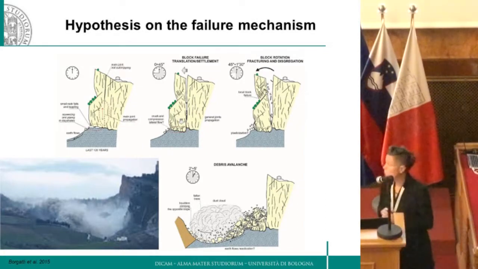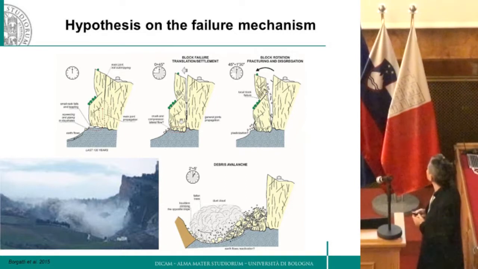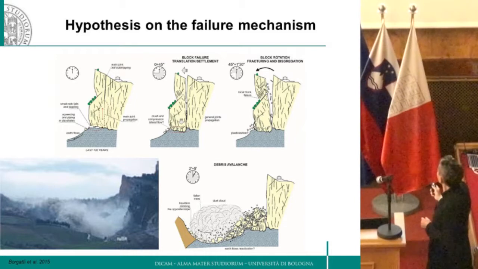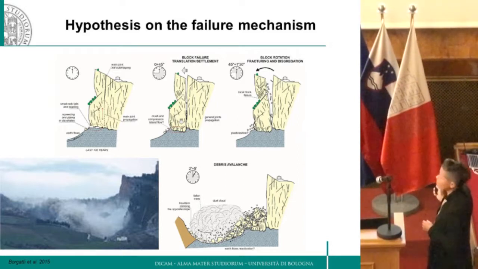So we tried to draw a hypothesis about the failure mechanism. Starting from a situation where you have a cap rock, so sandstones and calcarenitic rock masses, fractured, and clay shales at the bottom, and this is a sort of representative cross-section, we hypothesized that this pre-existing fracture was opening and propagating to the bottom, leading to a toppling of this rock block.